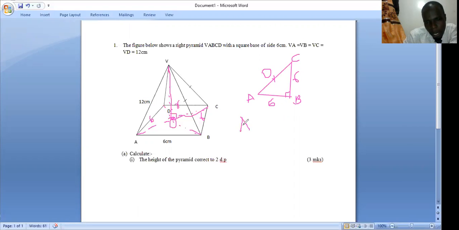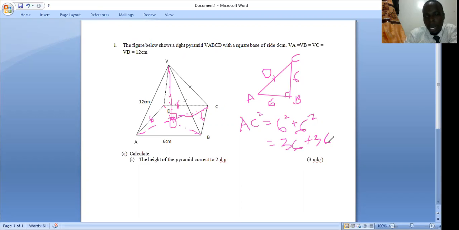Using Pythagoras theorem, we say that AC squared is equals to 6 squared plus 6 squared. That is 36 plus 36.